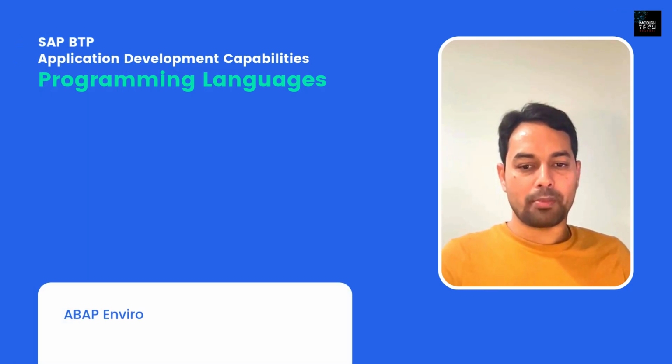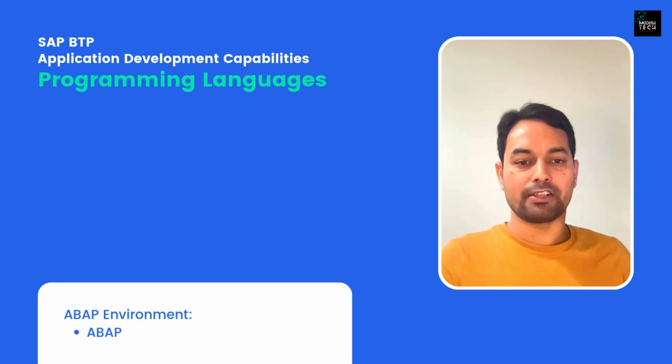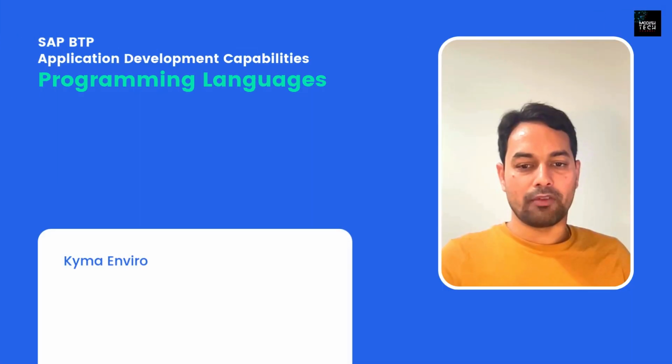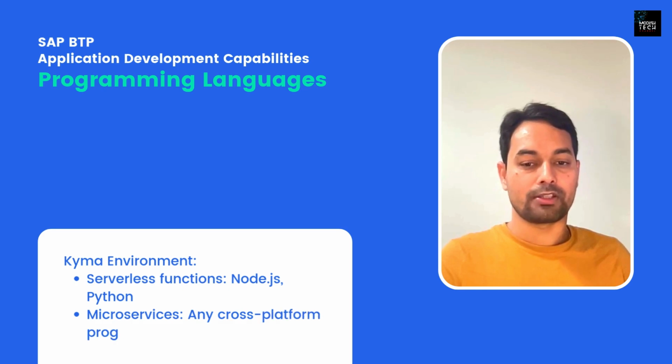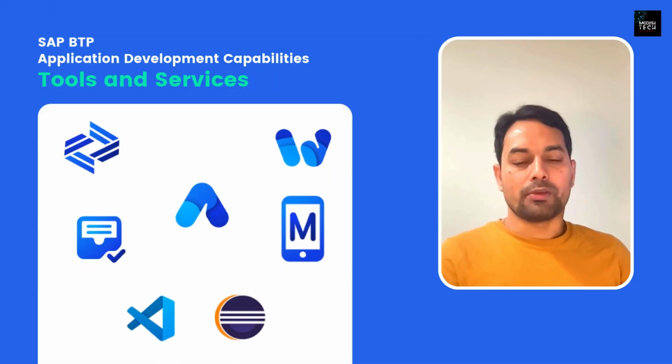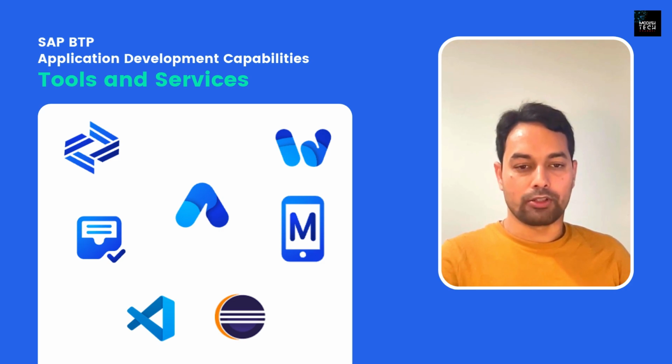In the ABAP environment, you have ABAP Cloud, so you can do all your development with a lighter version of ABAP, which is available in the cloud. And lastly, the Kyma environment, where you can do serverless functions in Node.js or Python, and even microservices, where any cross-platform programming language would be supported. All right, so in terms of tools, it probably depends on which programming language you are coding.